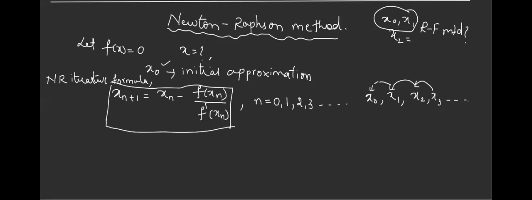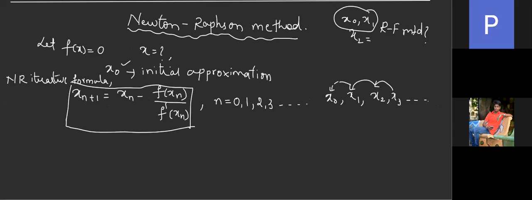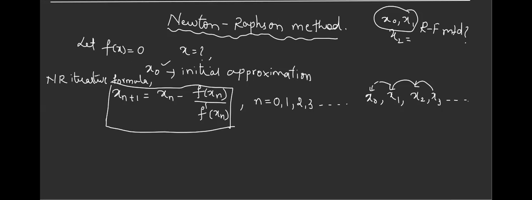Why I'm telling the comparison is so that you should not get confused. Suppose if they have asked for the NR method and you write the RF method, the answer will be correct, but you will not get marks. So be careful. NR method means this, and RF method means what we discussed in the previous class.